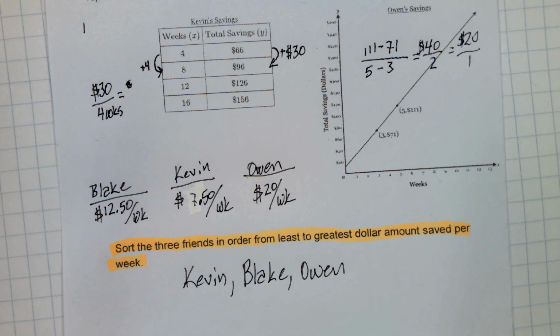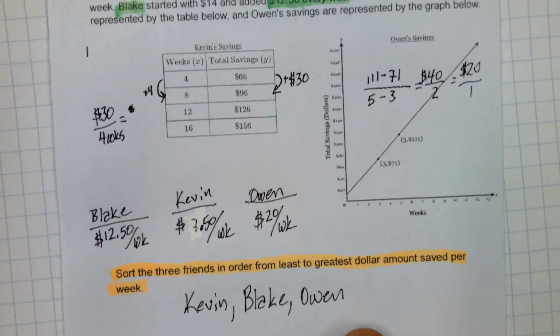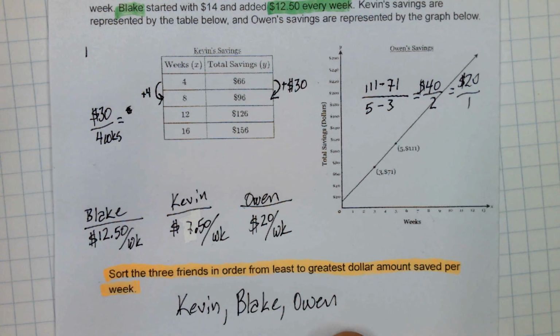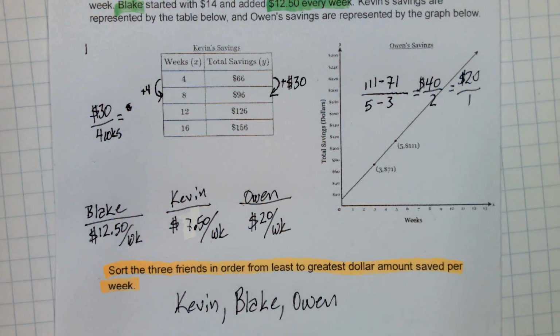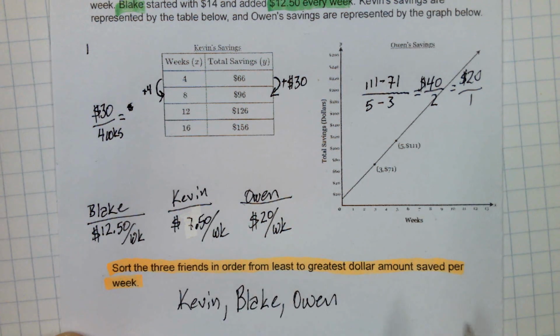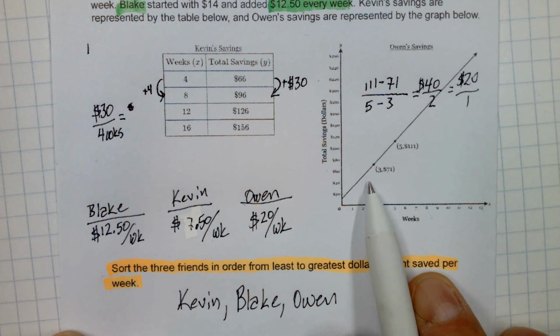Okay. So again, you're just looking at the rates basically. Sometimes they'll give you the rate, like they did here in the sentence. Sometimes they'll give you a table, and you got to find the rate of change the way we've done before. And sometimes they'll give you a graph.